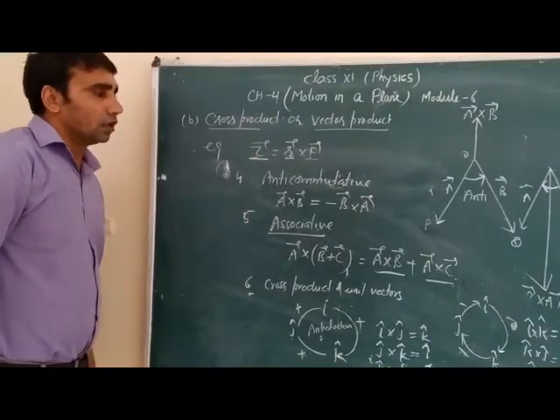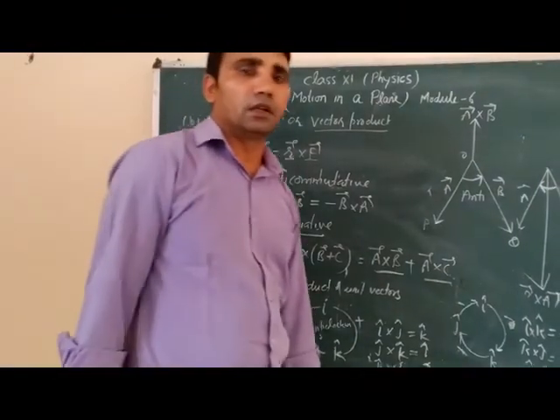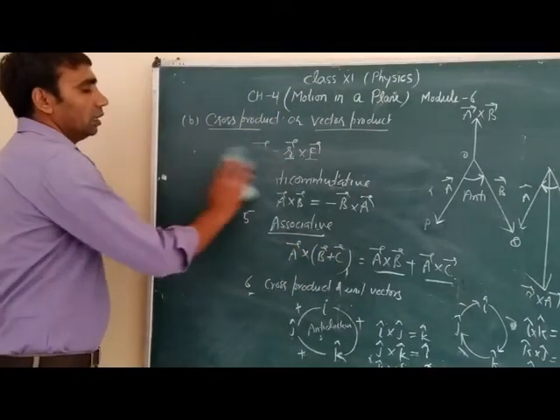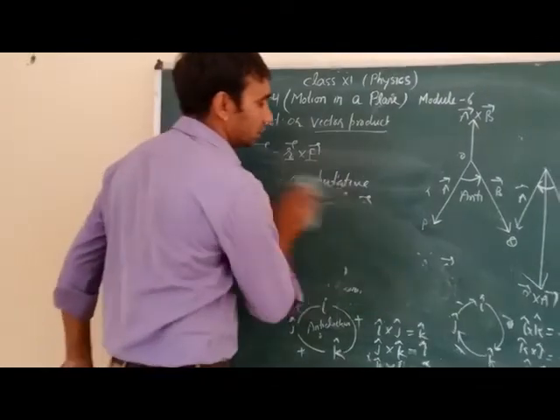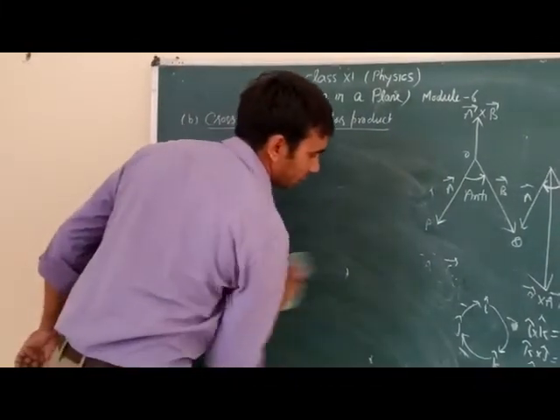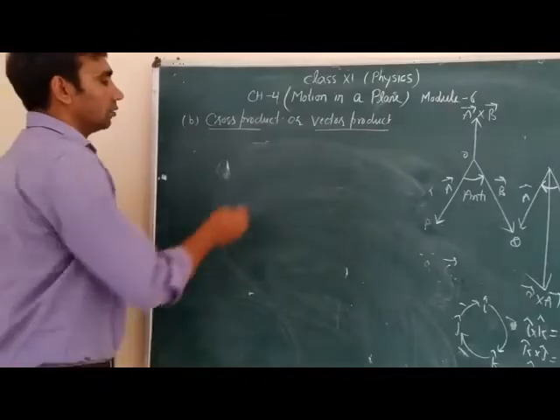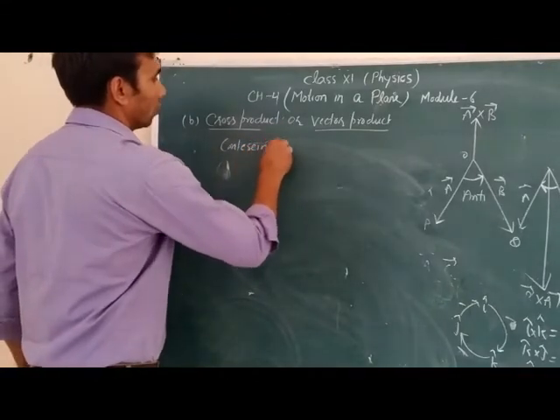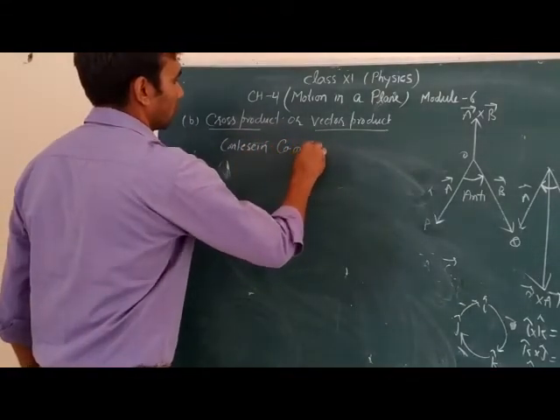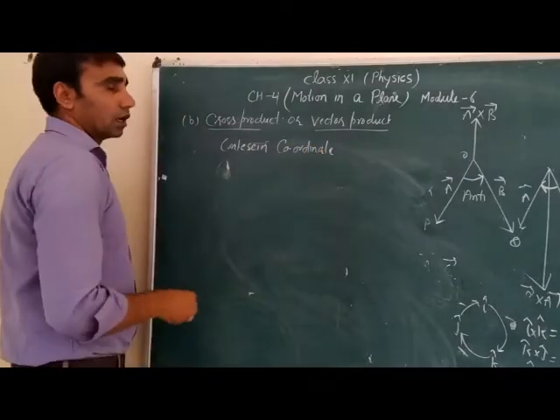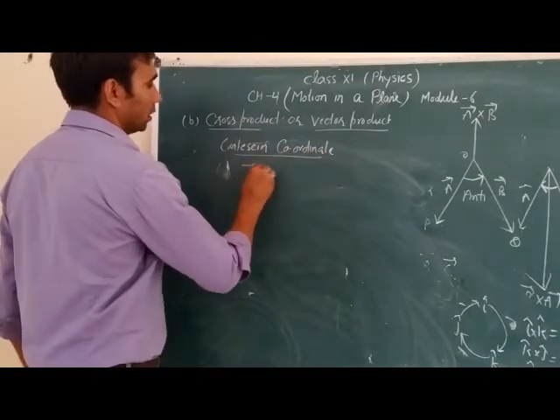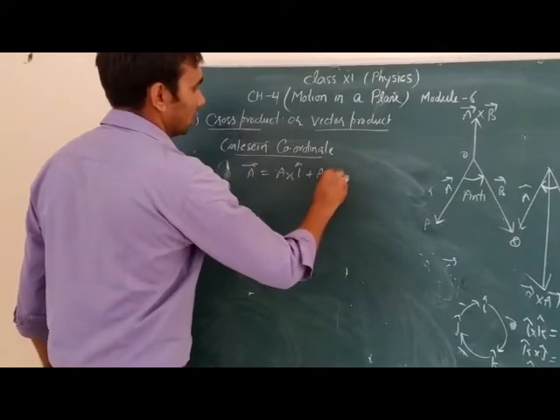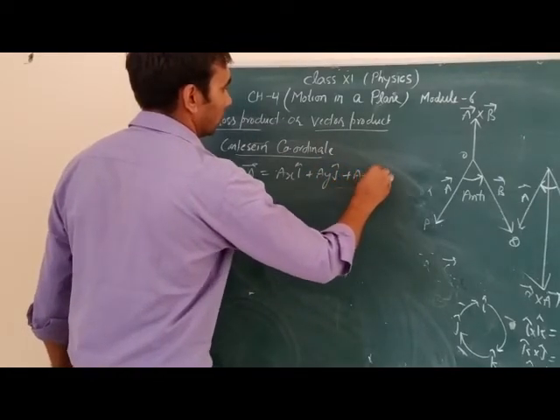This is the multiplication of vectors. In multiplication of vectors, we find the multiplication in Cartesian coordinates. In Cartesian coordinates, suppose vector A is equal to ax I unit vector plus ay j unit vector plus az k unit vector.